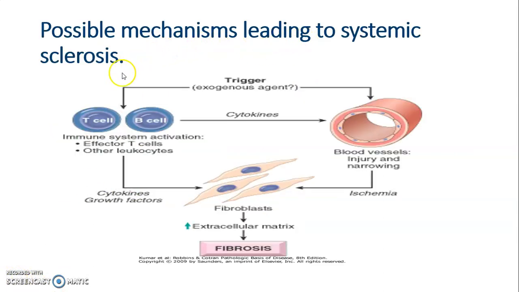So the mechanism leading to systemic sclerosis: the exogenous agents lead to injury of the blood vessels, which will cause ischemia and fibroblast proliferation. The exogenous agents may also activate the immune system, causing T cell activation, that will further release cytokines and growth factors that add to fibroblast proliferation, leading to extracellular matrix deposition and fibrosis.